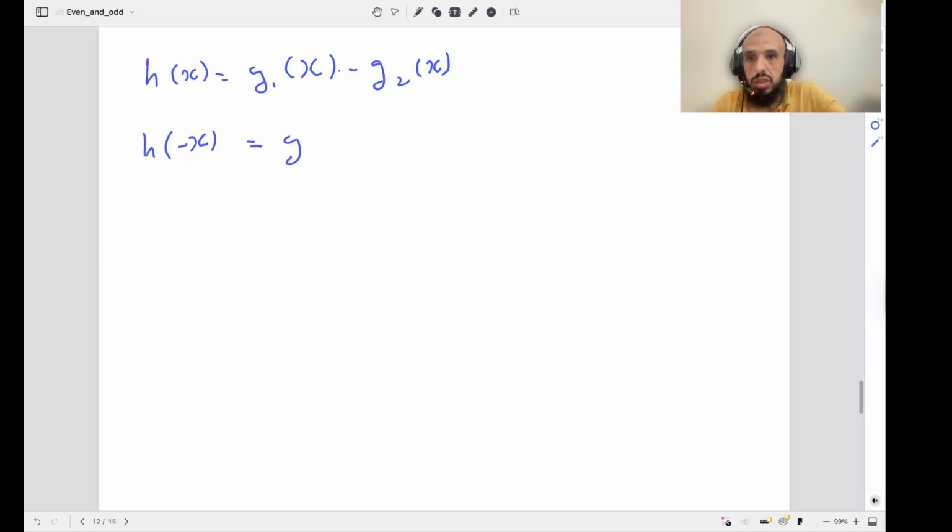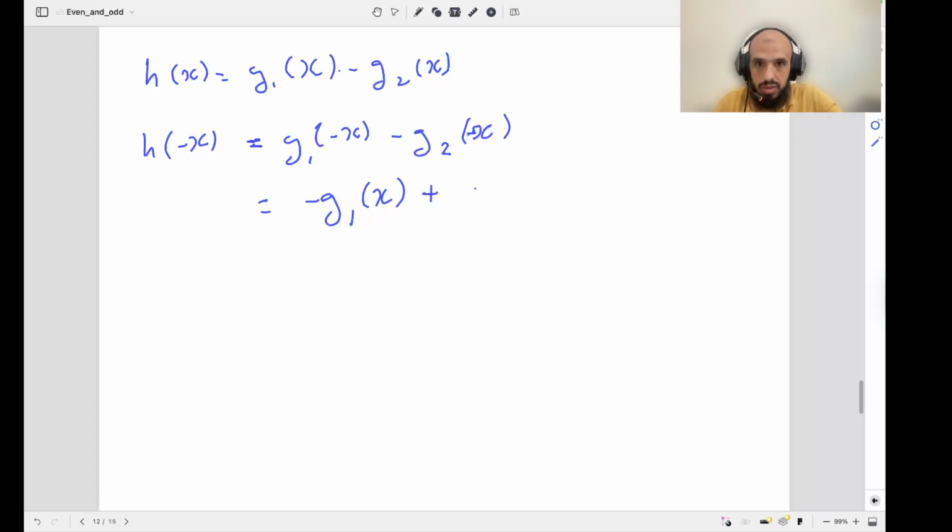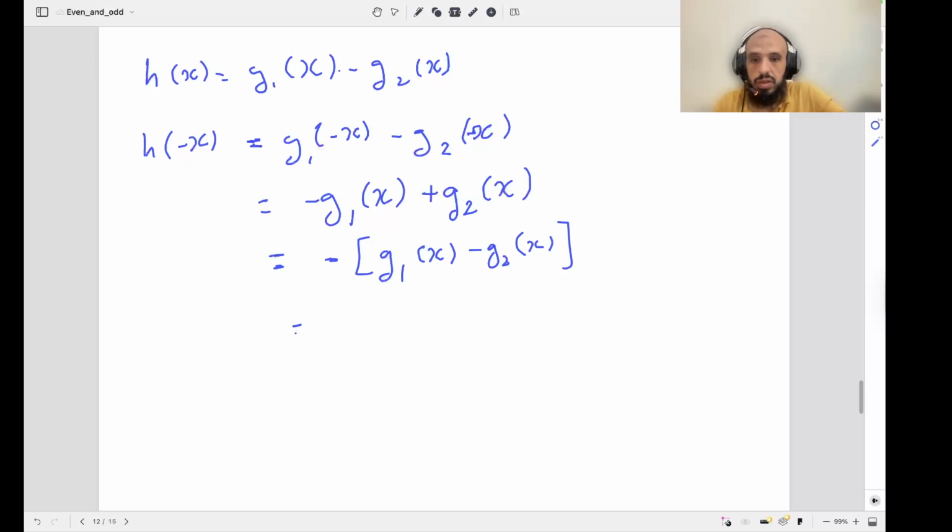It's going to be equal to g1 of negative x minus g2 of negative x, which is going to be equal to negative g1 of x plus g2 of x, which is equal to negative of g1 of x minus g2 of x, which is negative of the original function.